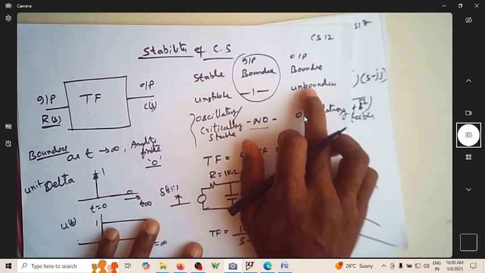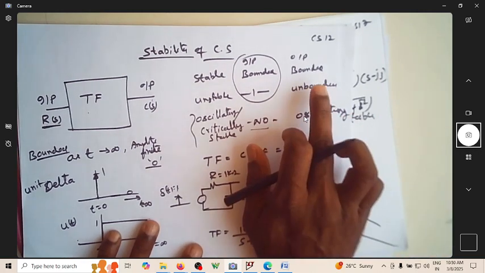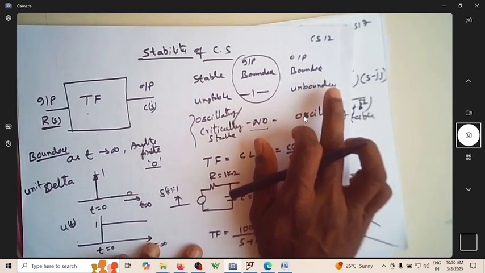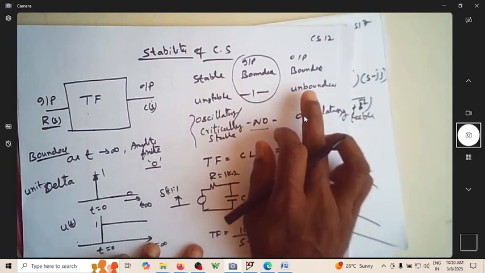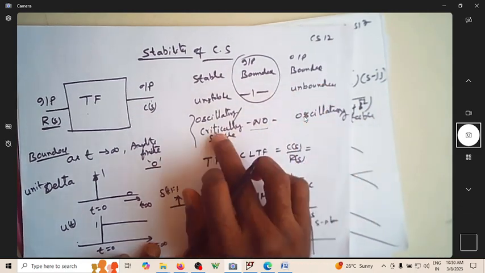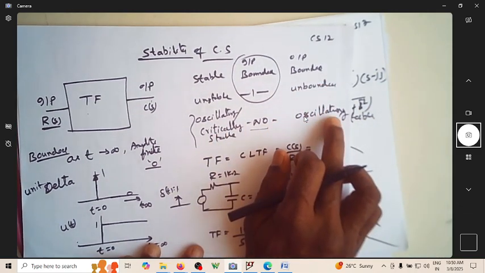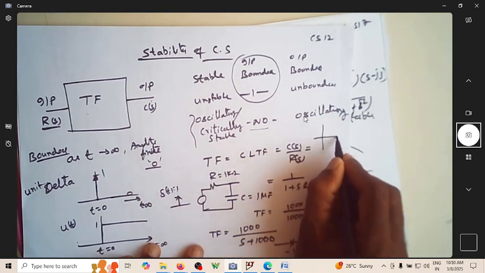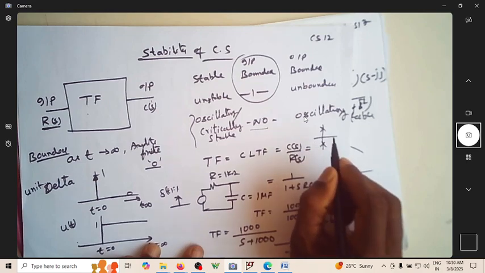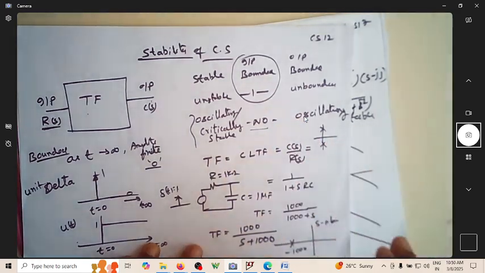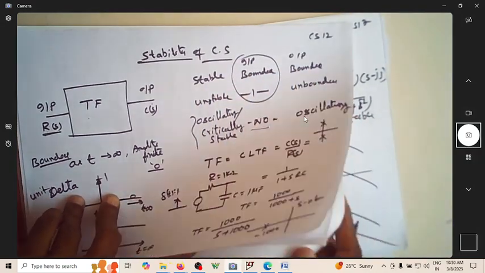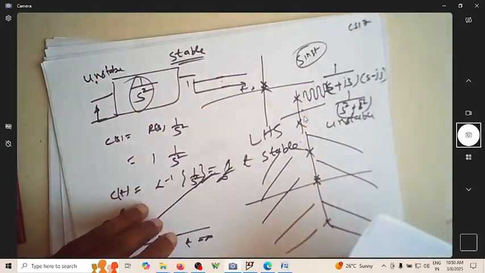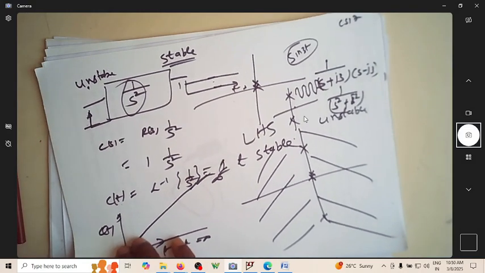It is unstable if even one pole goes to the right hand side of the S-plane. When the poles are on the imaginary axis of the S-plane, we call the system oscillatory. So these are the 3 different ways of representing the stability of a system.